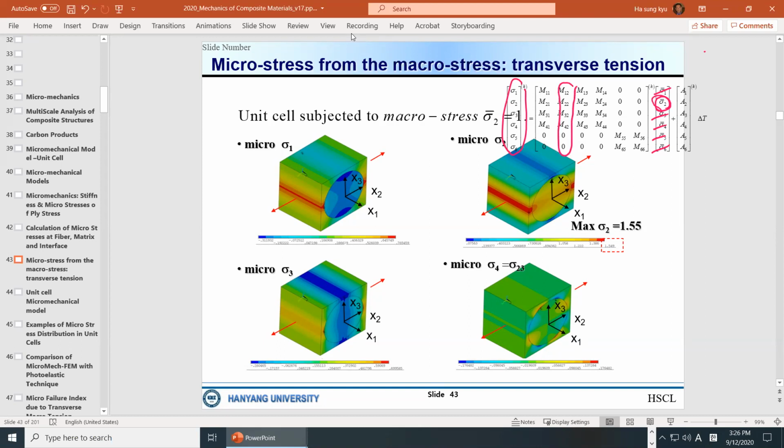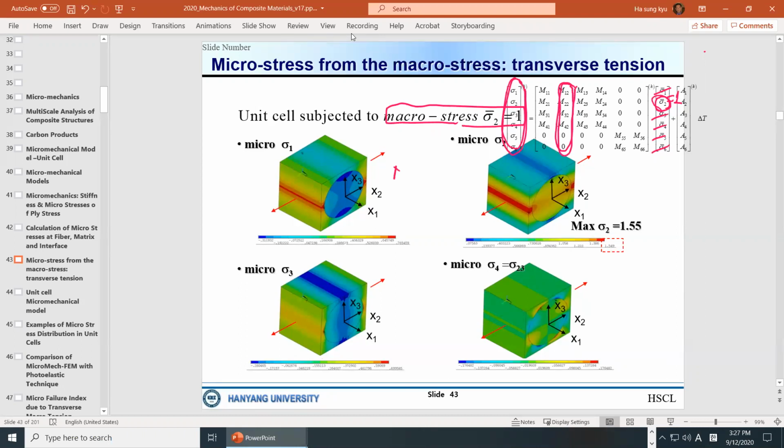And if we apply unit value 1, all these stresses we calculate will be these m values, right? 1 multiplied by this. So all these stress components we can calculate under sigma 2 equal to 1, then this color represents m11.